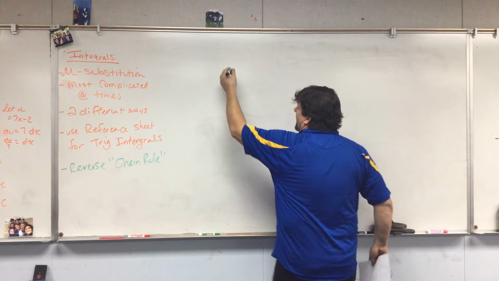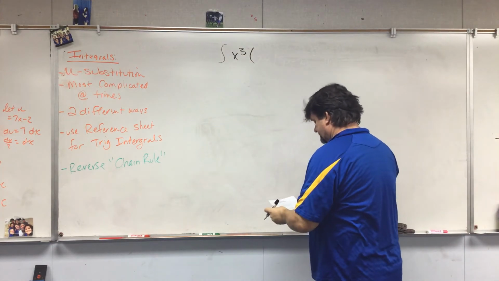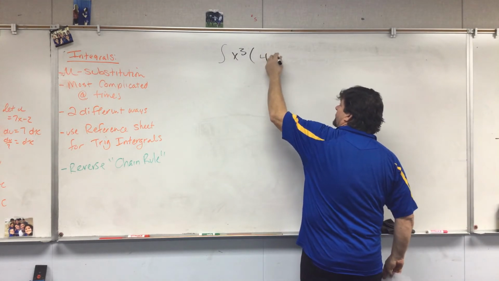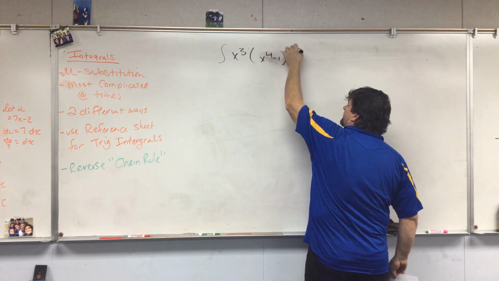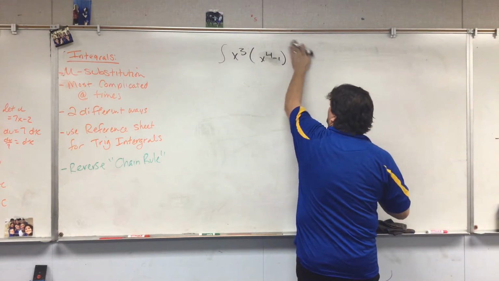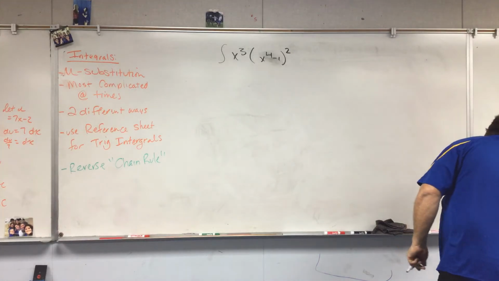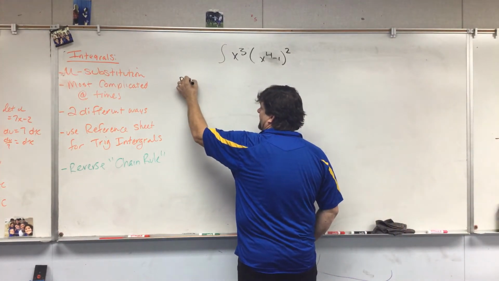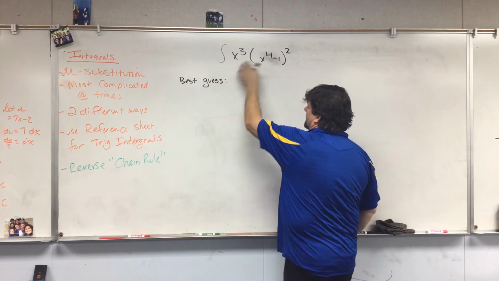Okay, so we've got the integral of x cubed. Whoops. X to the fourth, x to the fourth minus 1, negative 3, right? Oh no, geez, wrong problem. Okay. So, here's our best guess. Let's look at it this way. Where's our best guess that this thing came from?